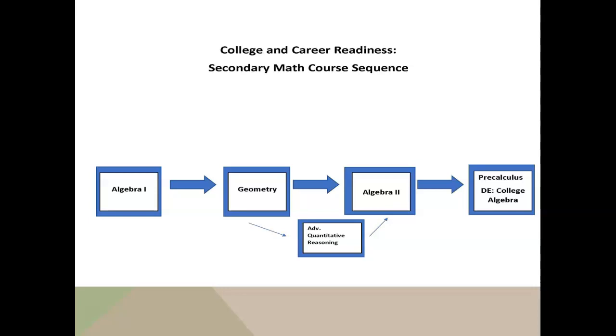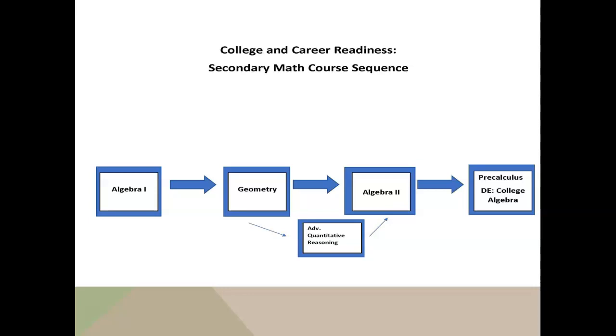If you are currently in geometry and have completed Algebra 1, you may select Algebra 2 or Advanced Quantitative Reasoning for a refresher before taking Algebra 2. Under the attachment that was provided to you in the email, I did post a course description for Advanced Quantitative Reasoning, and it can be found on page 13.